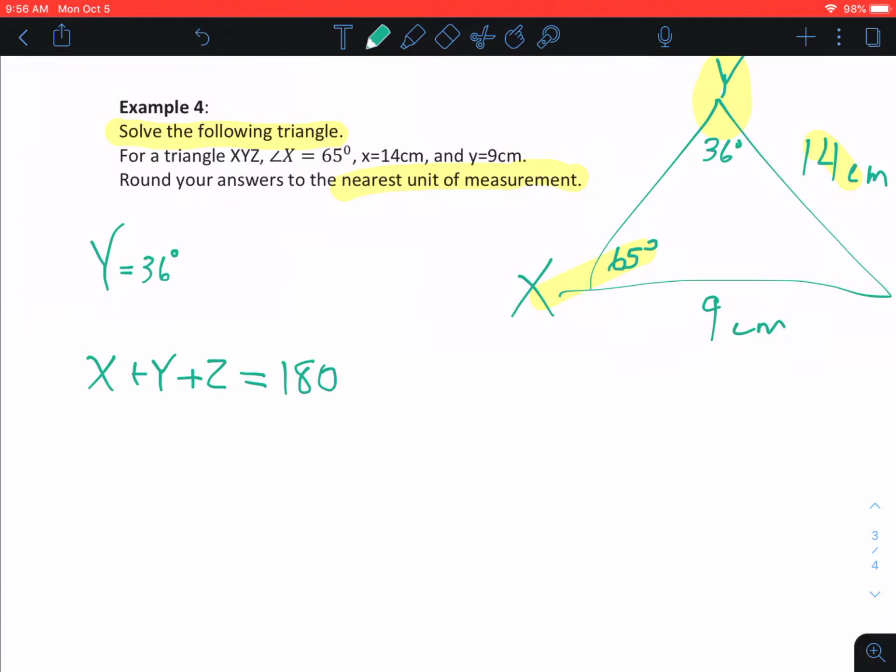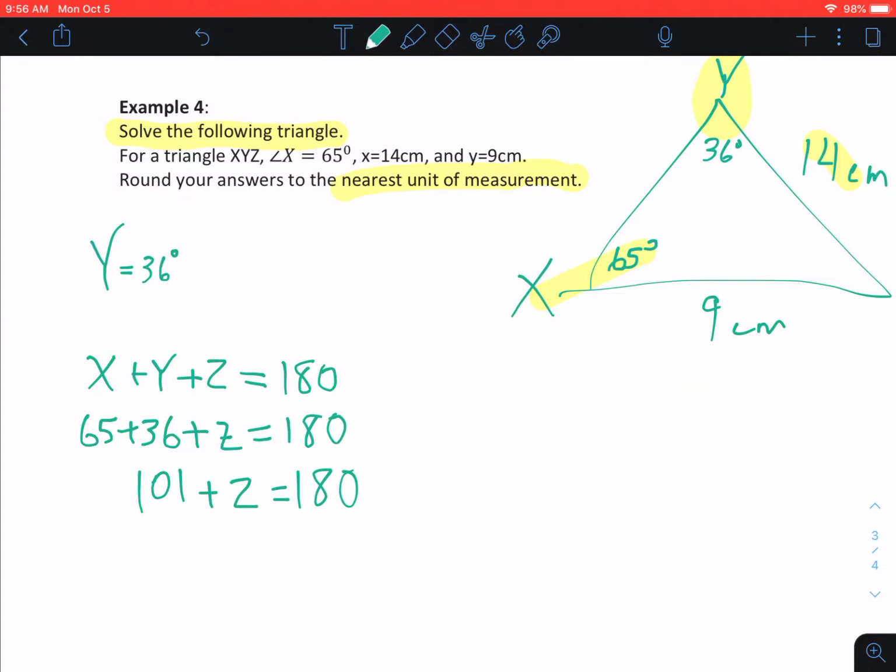Substituting in, we have 65 plus 36 plus angle Z equals 180. 65 plus 36 gives us 101, plus angle Z equals 180.